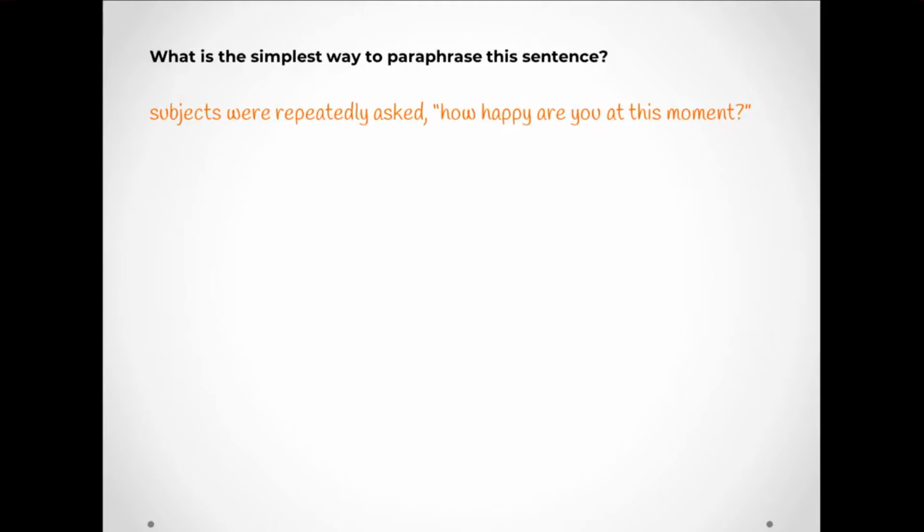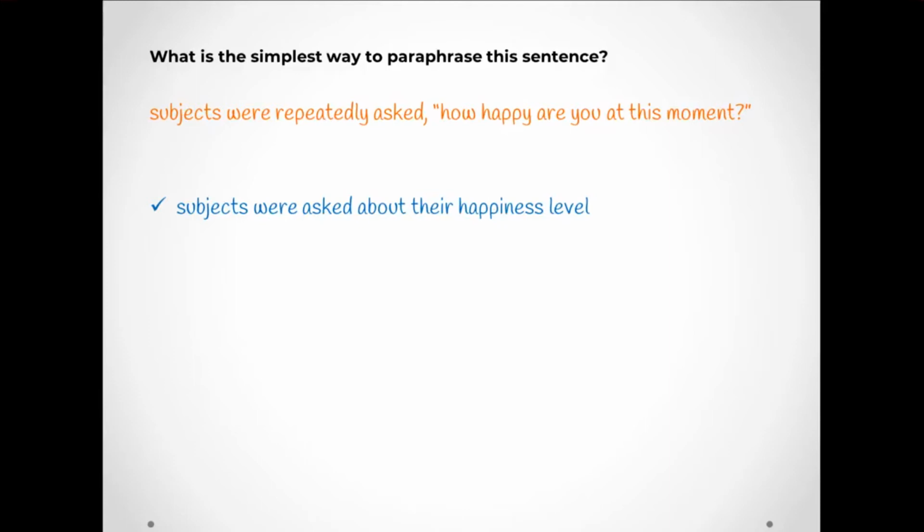Another example that I saw here in the chat: Maggie said, for instance, "Subjects were asked about their happiness level." If you see in the original text, it says, "How happy are you at this moment?"